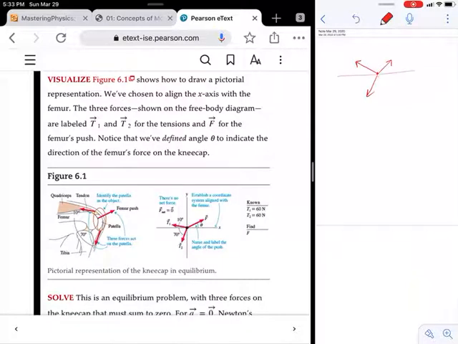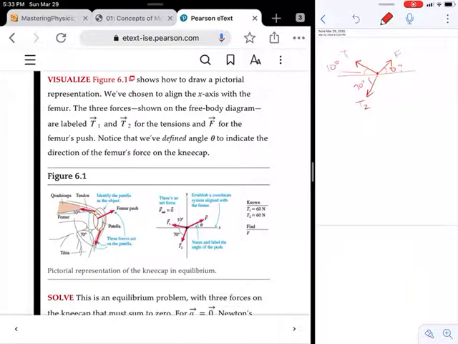Those are absolutely not to scale, because this is like 10 degrees here. We do not know what that angle is, and we don't know what that force is. That's actually what we're going to try to find. And we know that this one is at 70 degrees, and both are being pulled, so there's some tensional force there.